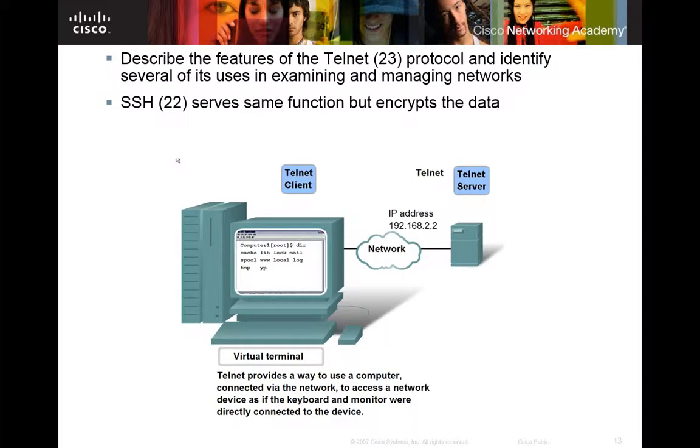Telnet has 2 ports. What are they? 23 and I don't know the other. 22. SSH? Secure shell. Yeah. Telnet is a shell. That's all it is. Allows you to send command line interface stuff to different devices remotely.